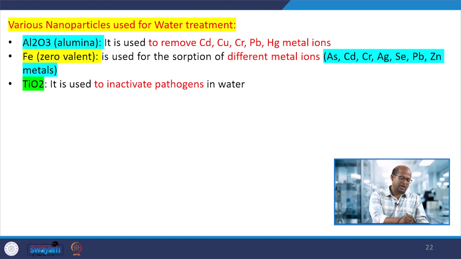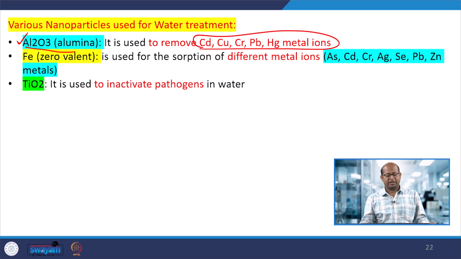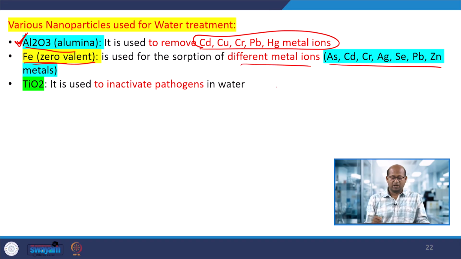First, alumina, which we discussed. Alumina nanomaterials, a metal oxide in nanoform, can be used to remove various metals: copper, cadmium, chromium, lead, and mercury. Zero valent iron can also be used to separate out arsenic, cadmium, chromium, silver, selenium, lead, and zinc, if these metals are present in water in ionic form.